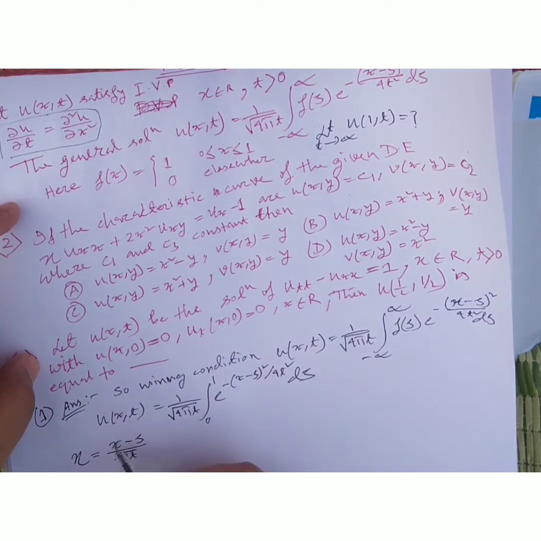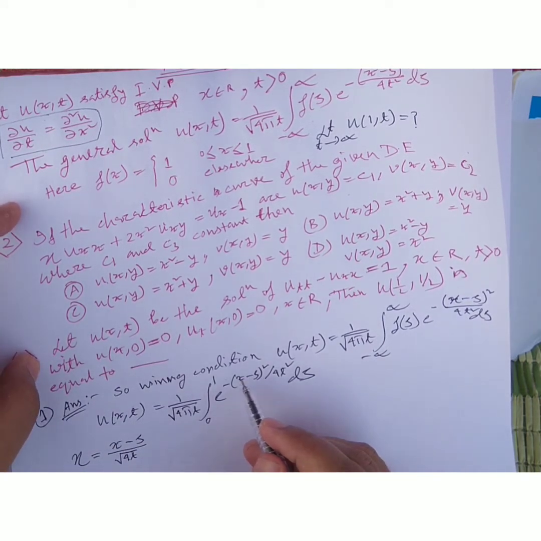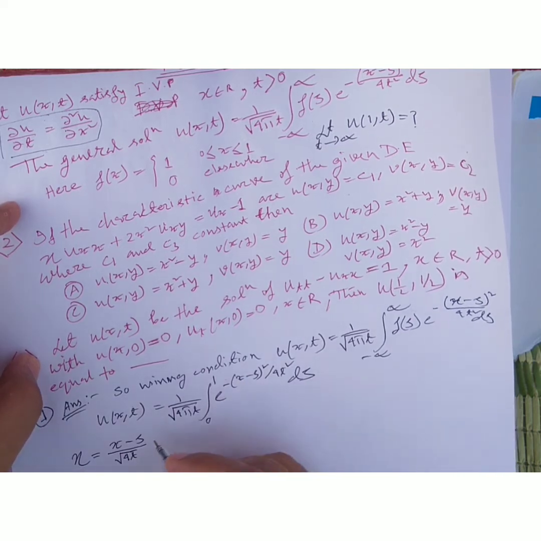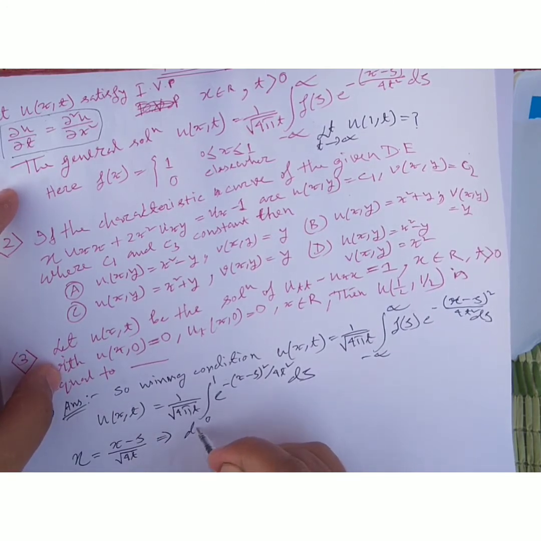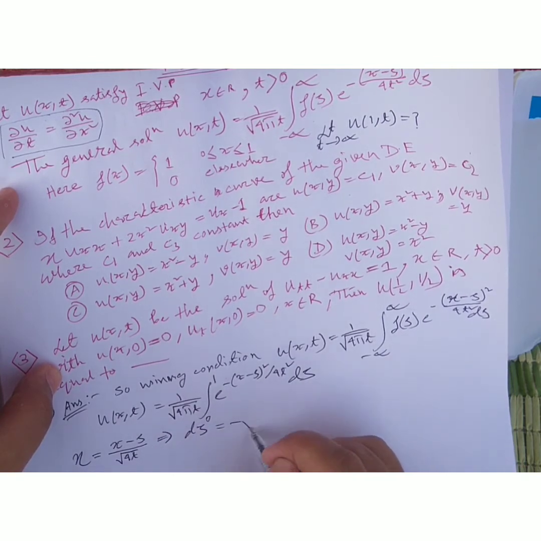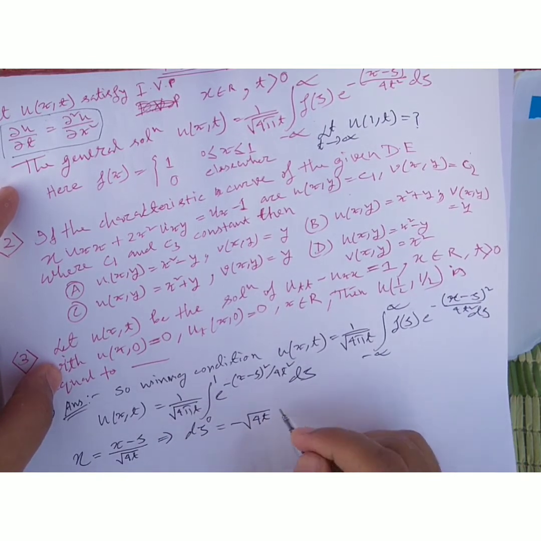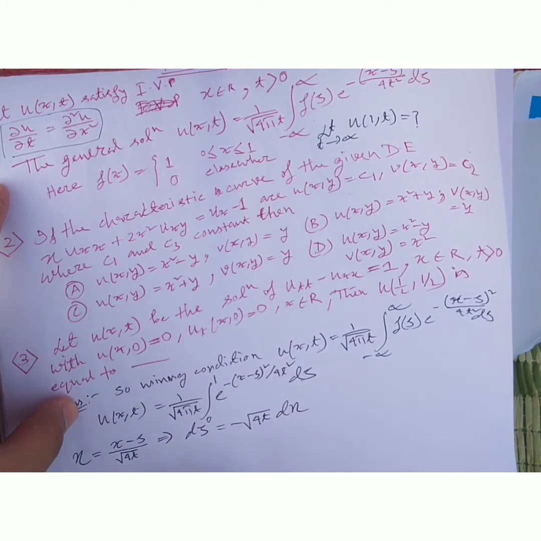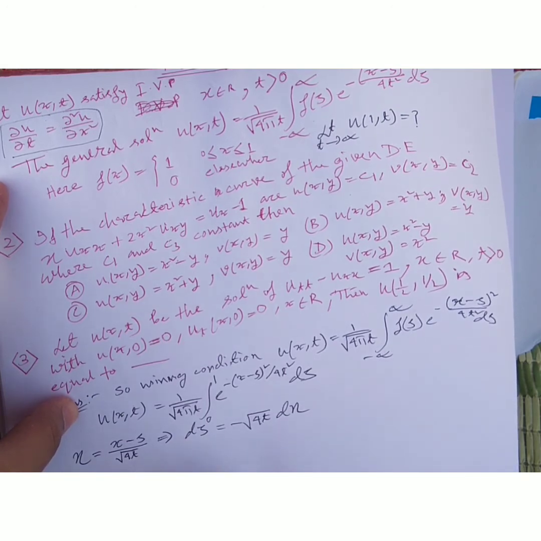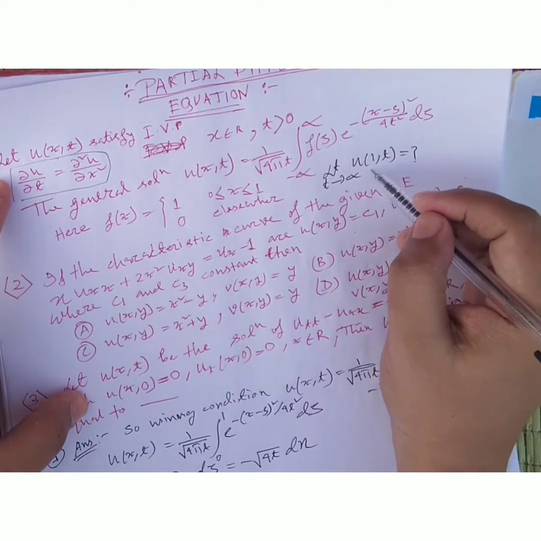In this case, I see that the value is x minus j. After that, whatever I get, dj is equal to minus root over 4t d eta.